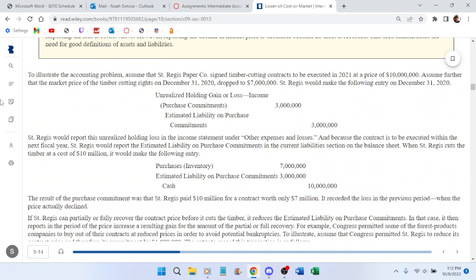So they cut the timber. They paid $10 million for that contract. And that contract that they purchased, they're going to report as $7 million. And there's an estimated liability on purchase commitments.